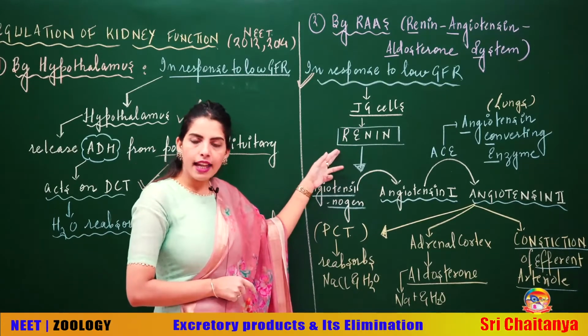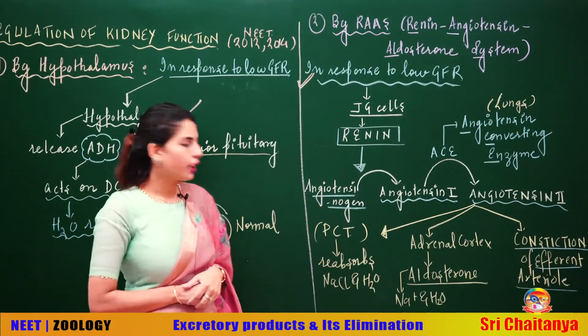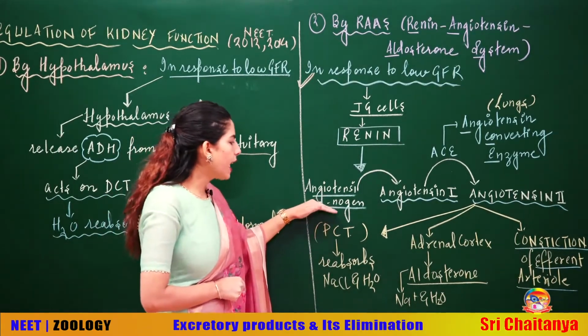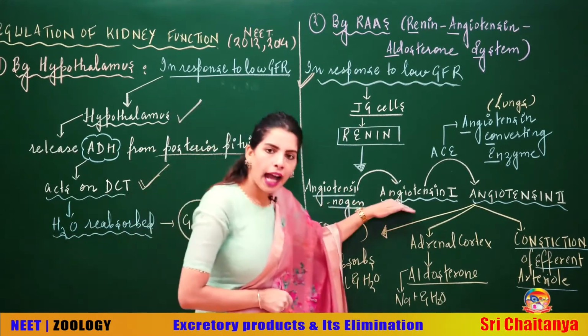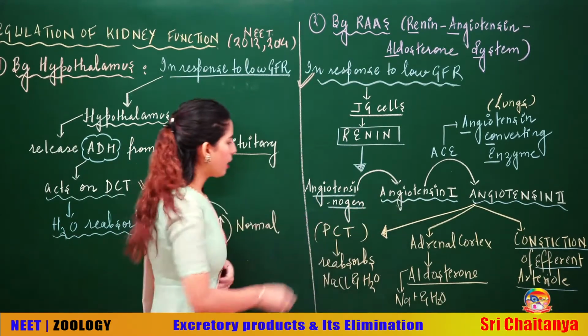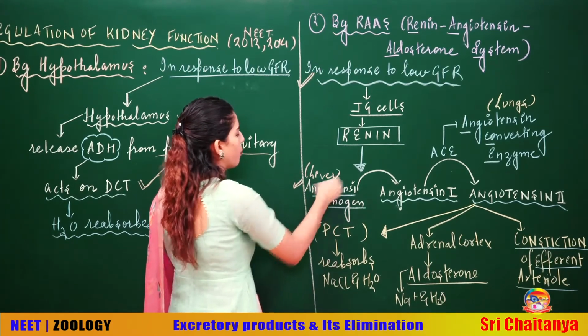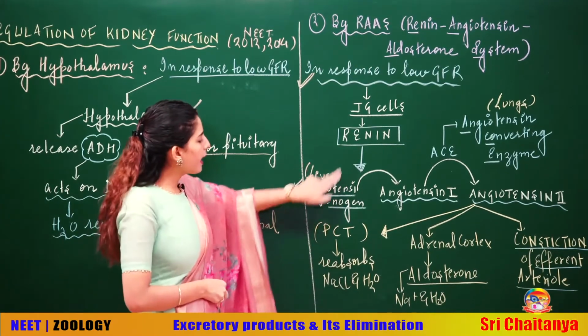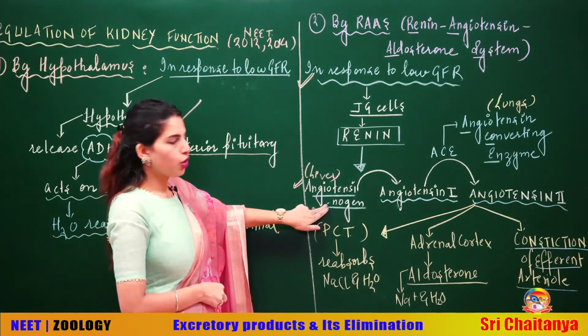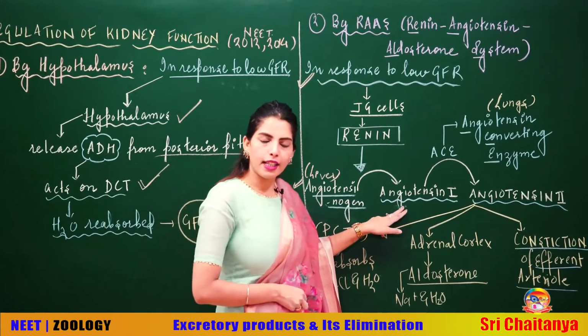And this renin is responsible for conversion of angiotensinogen into angiotensin 1. Remember, this angiotensinogen is produced in the liver. So this renin is converting this angiotensinogen into angiotensin 1.